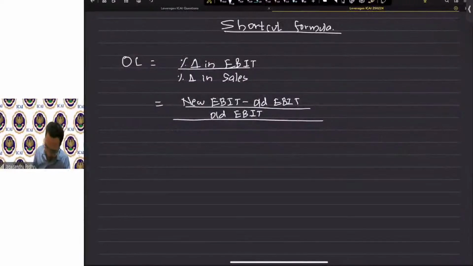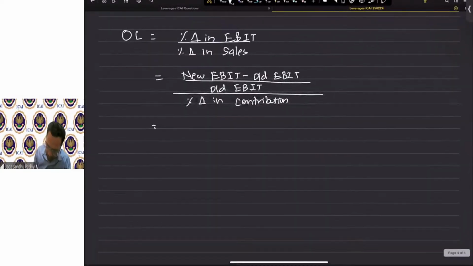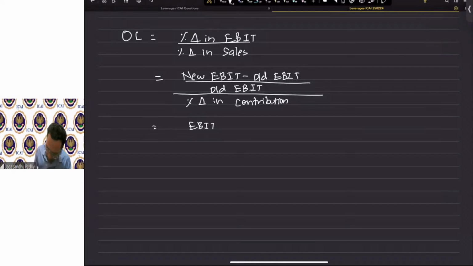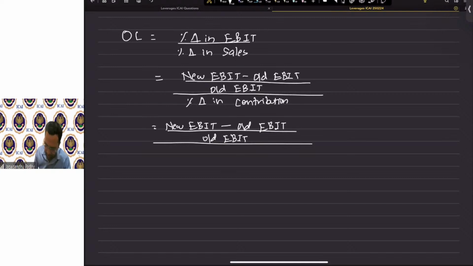So we can simply call it as percentage change in contribution also. So we have new EBIT minus old EBIT upon old EBIT, all divided by percentage change in contribution, which will be new contribution minus old contribution upon old contribution.